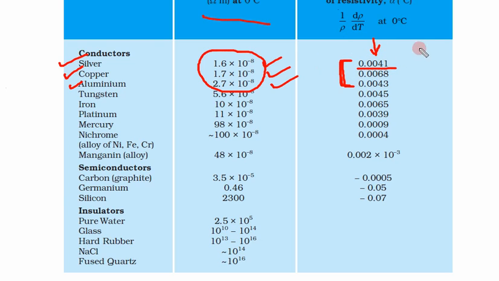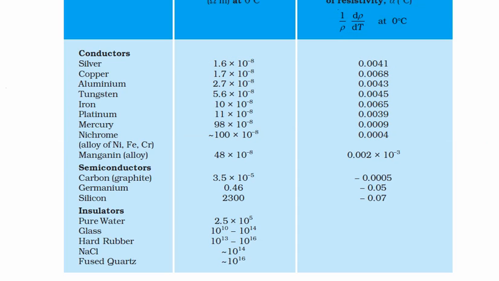And alpha is positive, which means their resistivity increases with temperature. So as the temperature increases for these materials, resistivity also increases. Similarly, you can read for other metals as well.